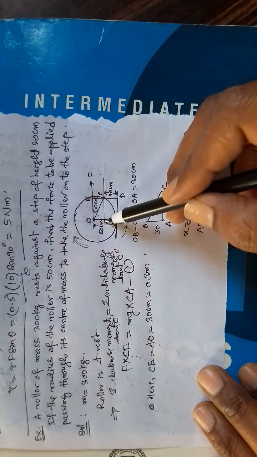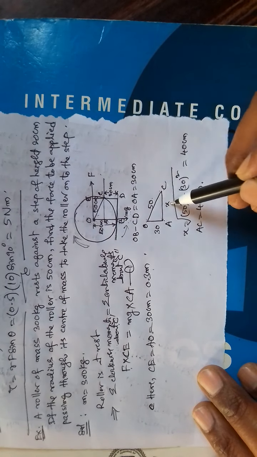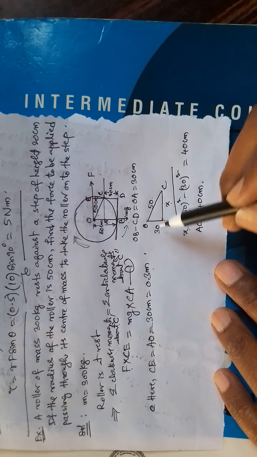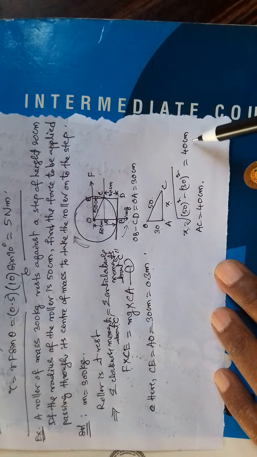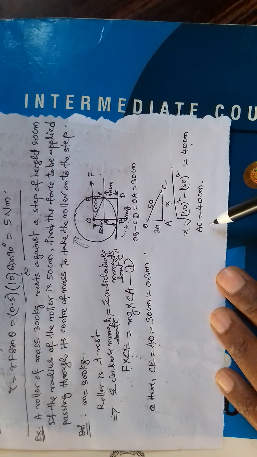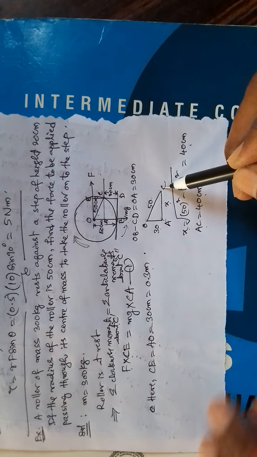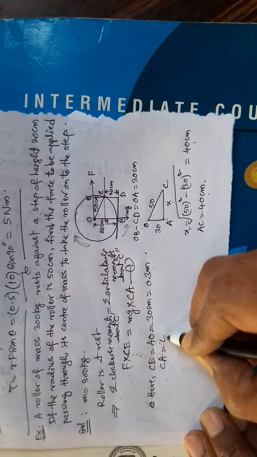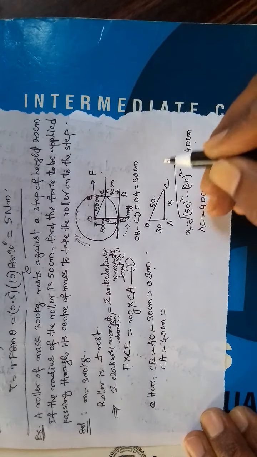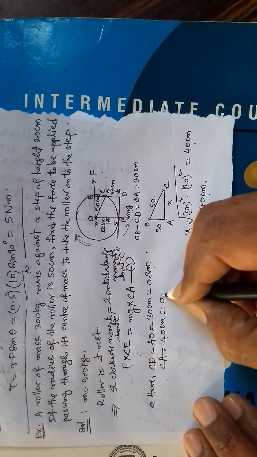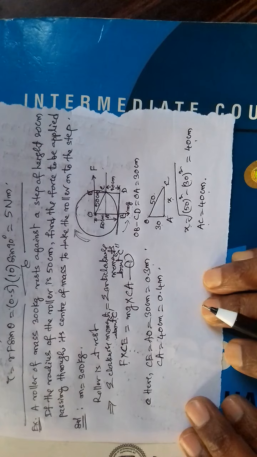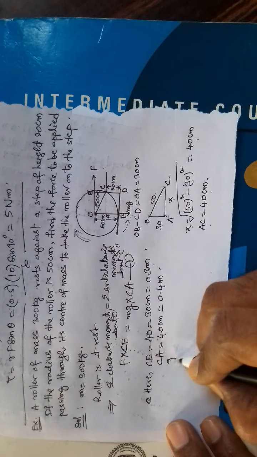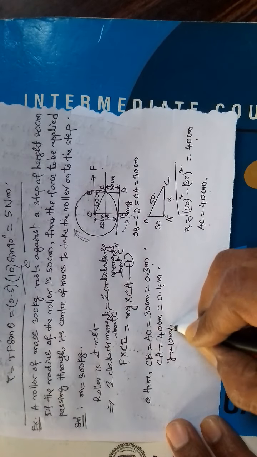This is now required. Say this is X. So this is equal to the square root of hypotenuse square minus height square, under root 40. So AC is equal to 40 centimeters. So CA is 40 centimeters or 0.4 meters.